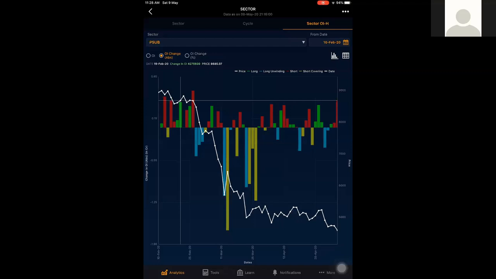So yesterday we saw a change in OI of 45 lakh 9,379, while the price was 4589. Before that, the OI change was 8,09,570. So yesterday, a serious amount of shorts were there in the market.